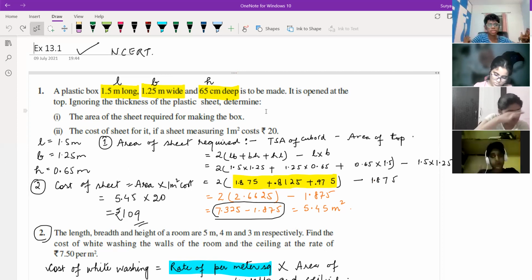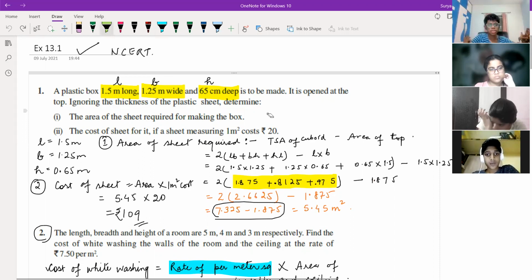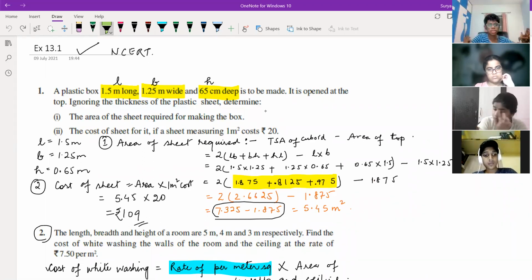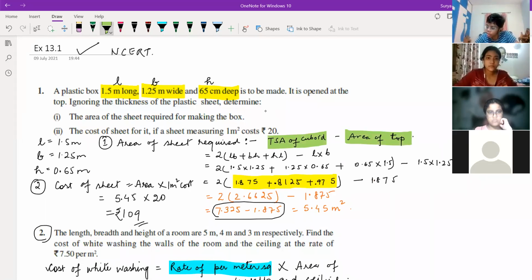It's opened at the top, so you can remove the area of the top from the total surface area. Area of sheet required is TSA of cuboid minus area of top, the same thing we are doing once again here.